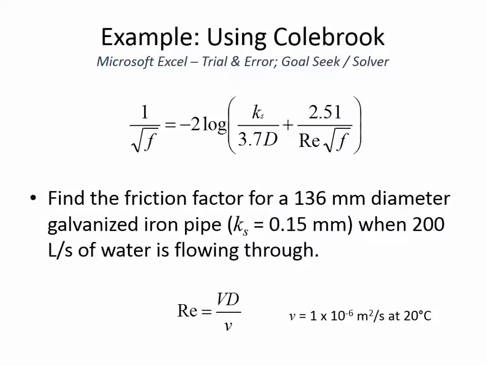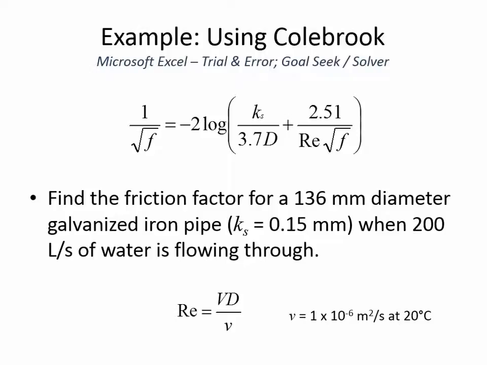So if we were going to do this by hand, and you always can do it by hand, just the fact that you don't have Excel handy or you didn't figure out how to program it into your calculator doesn't mean all is lost. You can do the left-hand side, right-hand side thing. So 1 divided by the square root of f is the so-called left-hand side of the equation, and the right-hand side of the equation is negative 2 log of k sub s divided by 3.7d plus 2.51 divided by the Reynolds number times the square root of f.